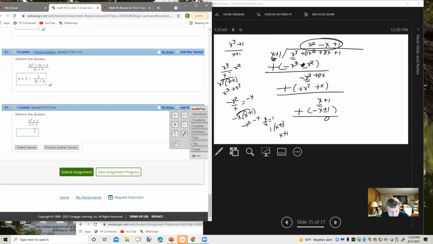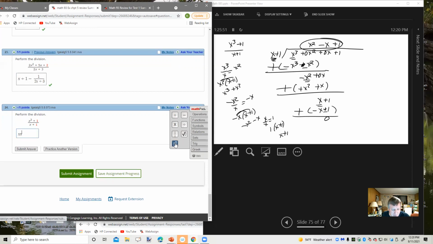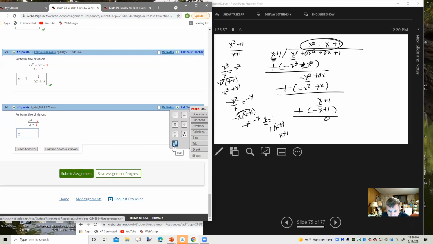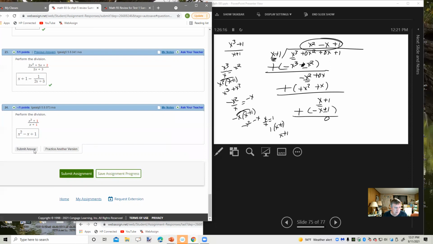So we've got x squared minus x plus 1. Oh, look at that. I didn't get rid of the exponent. So I've got to use a right arrow. Minus x plus 1. That looks right.